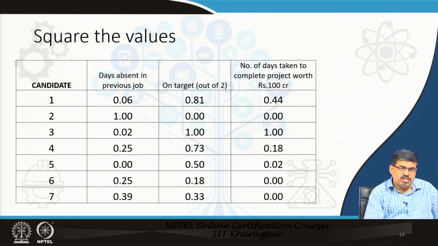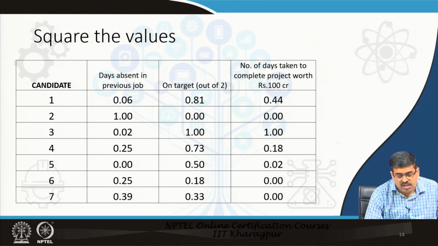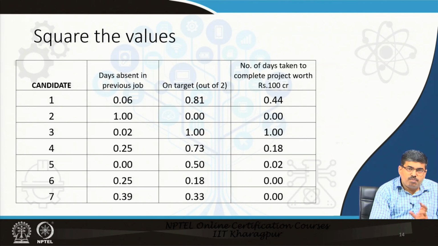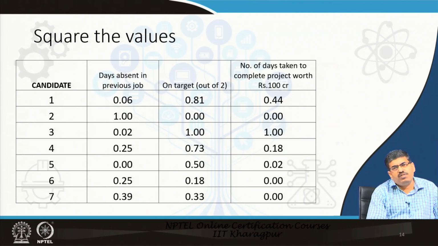But some organizations may give more weightage to some criteria. Okay. So, that we will do in the next lecture. But that part is separate, the basic methodology will remain same.